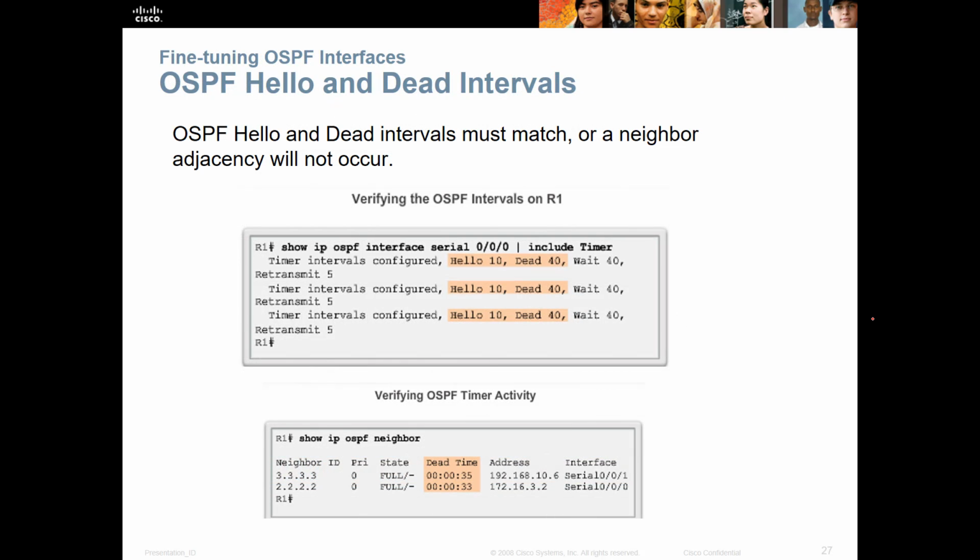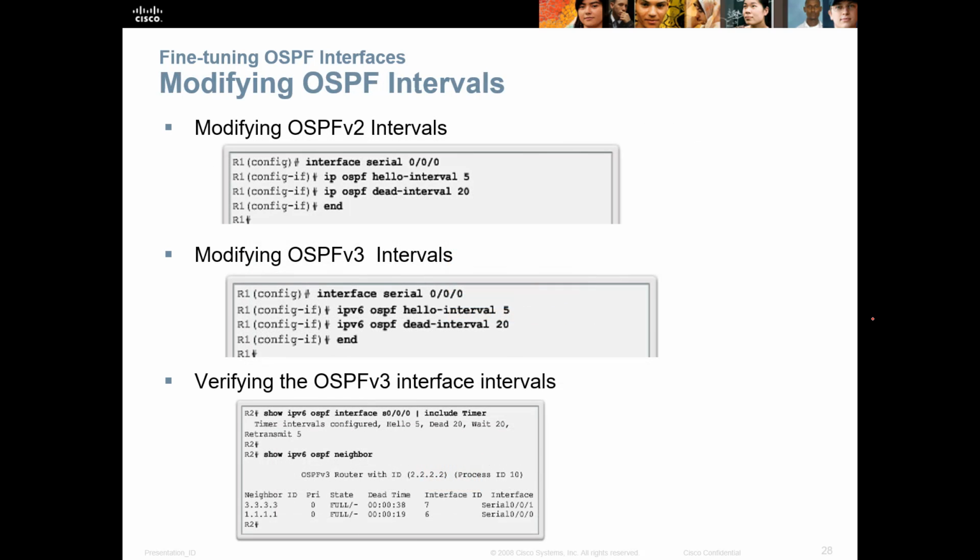We can also manipulate the hello and dead timers, but the hello and dead timers have to be the same on both sides. So if you manipulate one side, you have to make sure to do the other side as well. If we want to modify the v2 intervals, underneath the interface you would do IP OSPF hello interval and set the interval.